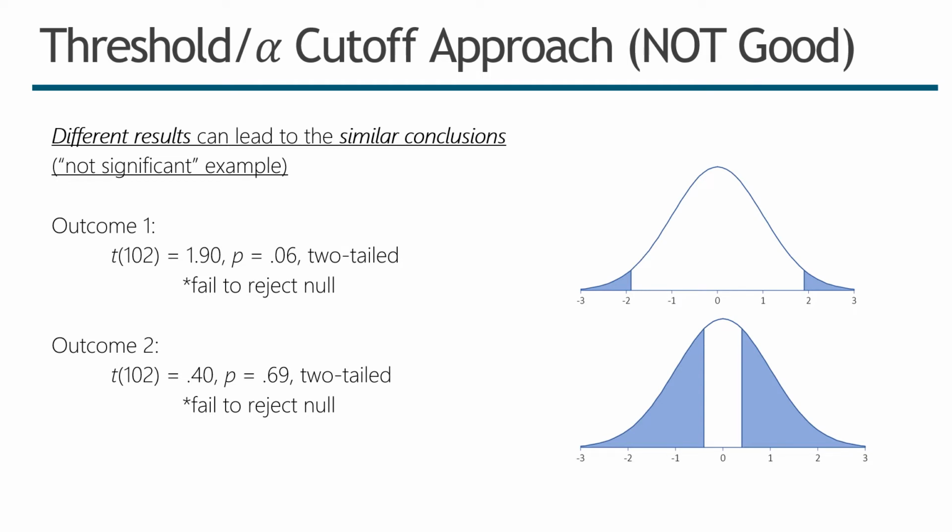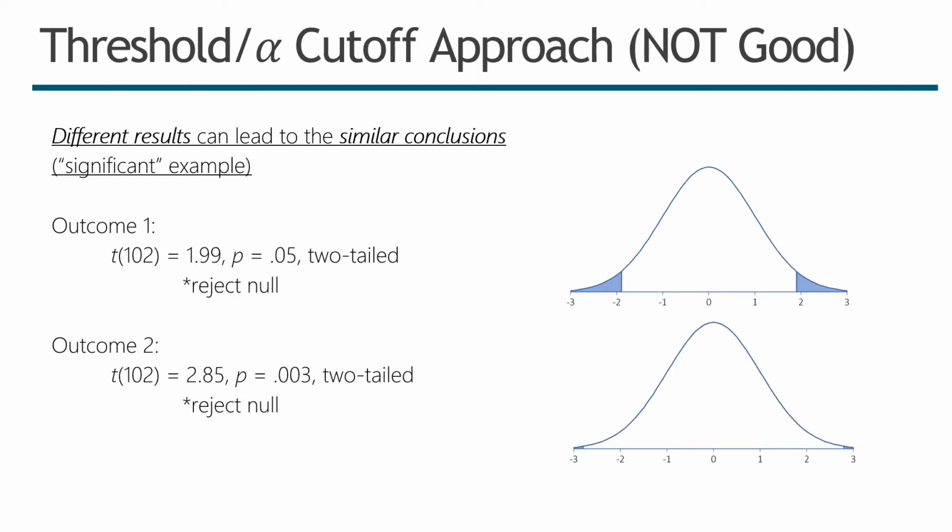This is really neglecting to take advantage of the differences between these two p-values. Again, the p-value of 0.06 is clearly suggesting that there might be something in the data that's worth exploring further. However, a p-value of 0.69, assuming there's no other problems with the data, kind of suggests that maybe you need to look for another hypothesis. It'd be nice if you could take advantage of the information that's provided to you in these different p-values.